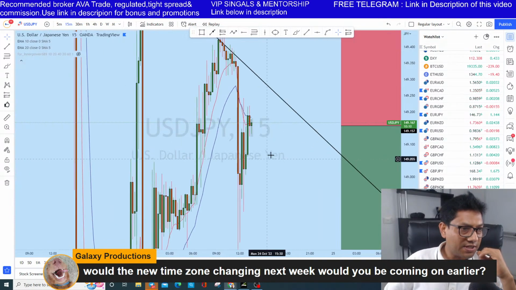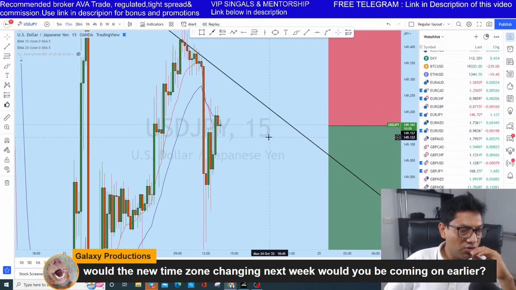Now this is the last candle on the 15 minutes before the news. This candle in fact could give us some good move.